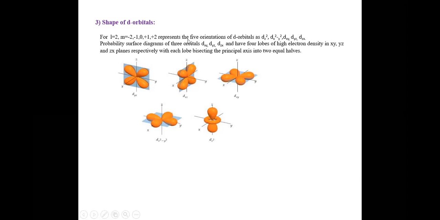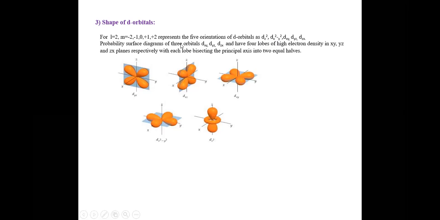It represents that there are 5 orientations of d orbitals. Those are dz square, dx square minus y square, dxy, dyz, and dzx. These are the 5 orientations of d orbitals.